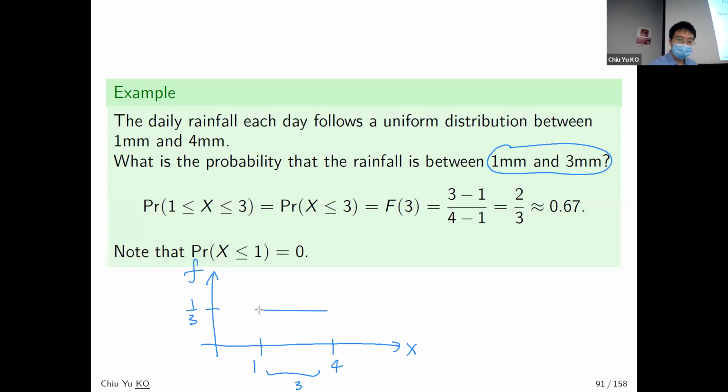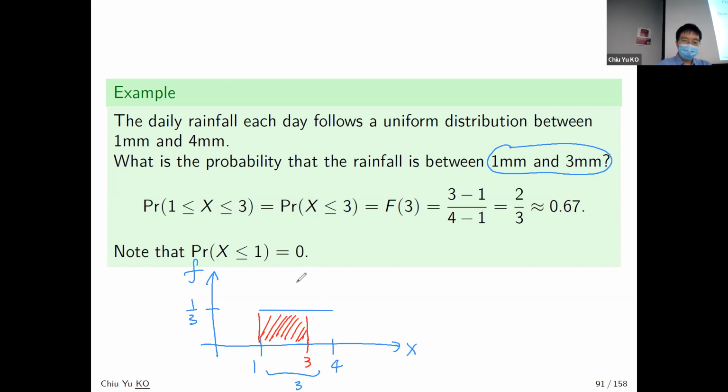So the question is asking what is the probability between 1 and 3. Basically, what is given is up to 3, and what's this area? Because the probability between 1 and 3 is the area under the curve f between 1 and 3. That is the meaning of f.